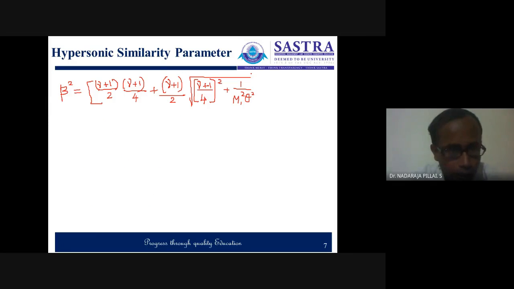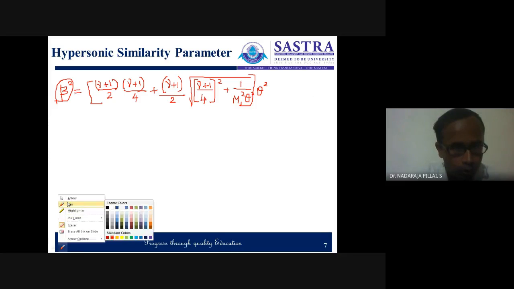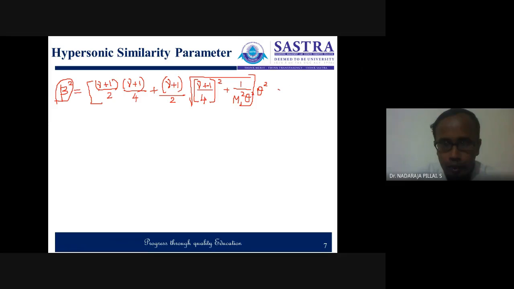Now I write beta square here. So we already know that there is by theta square, so I write this equation as theta square minus 1 by m1 square theta square.